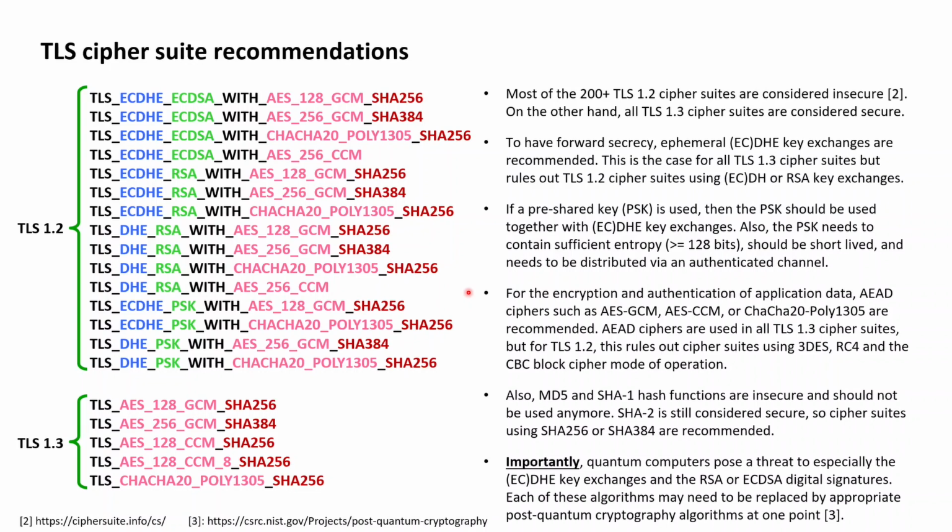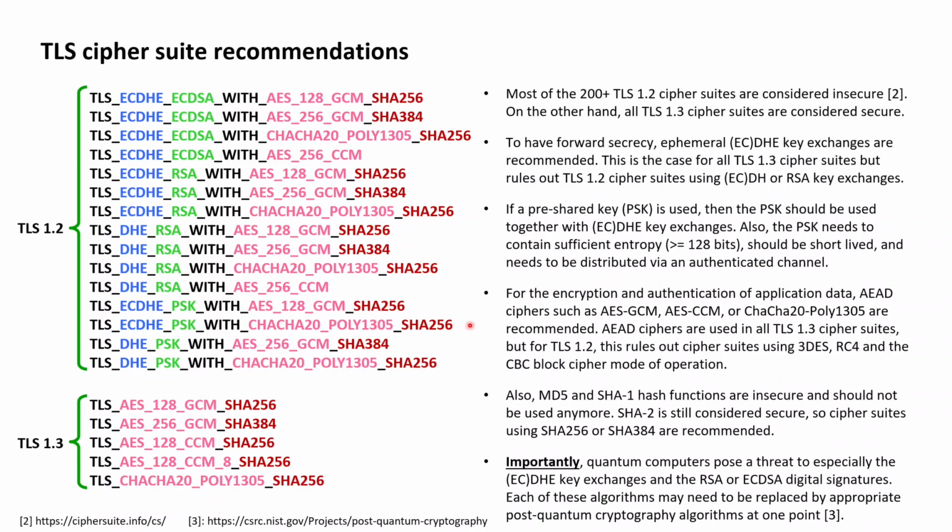Additionally, the stream cipher RC4 was officially deprecated for use within TLS in the year 2015. For the protection of application data, this then leaves us with cipher suites using authenticated encryption with associated data, AEAD, ciphers such as AES with the GCM or CCM block cipher mode of operation, or ChaCha20-Poly1305.